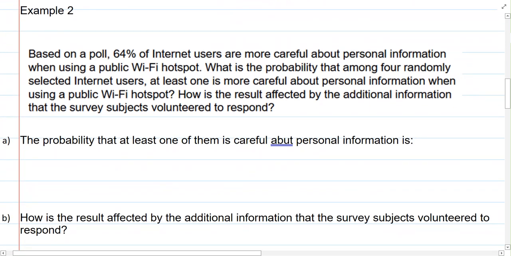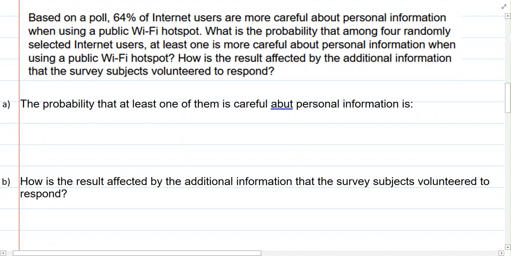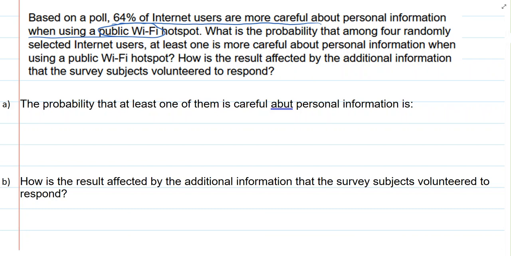All right, let's do this example. Based on a poll, 64% of internet users are careful about personal information when using public Wi-Fi hotspots. What is the probability that among 4 randomly selected internet users, at least one is careful about their personal information?